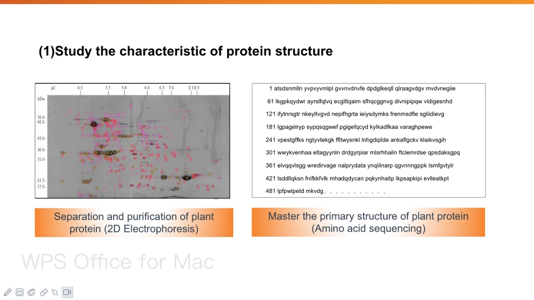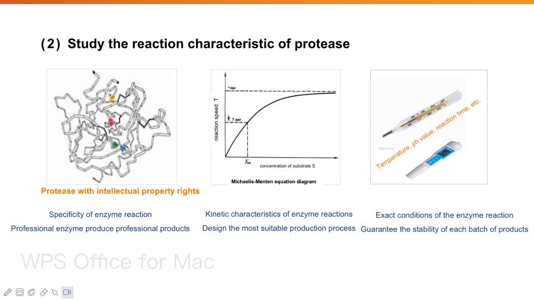And this provides an important theoretical basis for finding the positions where the small molecular active peptides exist and selecting the corresponding proteases. The second important basic R&D work is to study the active characteristics of the protease.